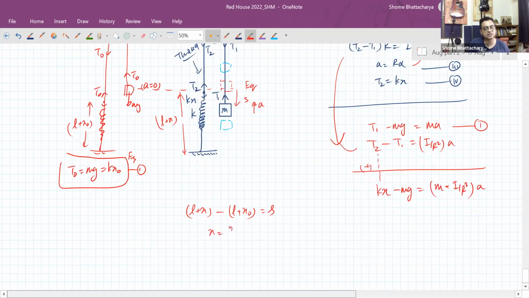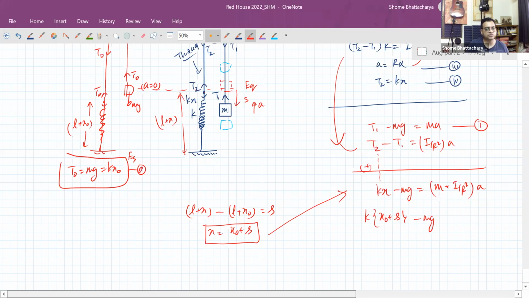So x is basically equal to x naught plus S. From the equilibrium position, whatever distance the block has come down, the spring has stretched by that much extra. So x has become x naught plus S. We plug that in over here. This is like a constraint relation. So we have got K into (x naught plus S) minus mg.